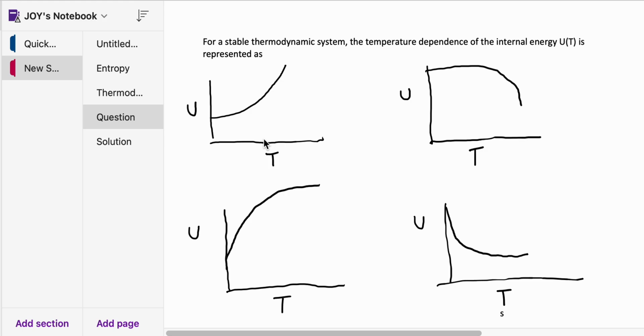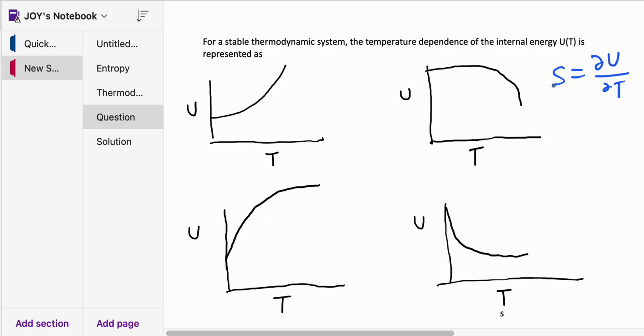So let's recall from the lecture series that entropy is related to del U del T. Entropy is the slope of this curve U versus T, and we know as entropy increases with time, my system will go toward stable equilibrium. That means entropy should be positive, entropy should increase, right?